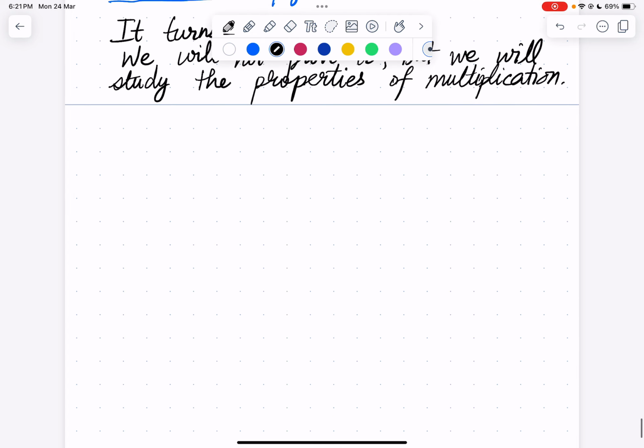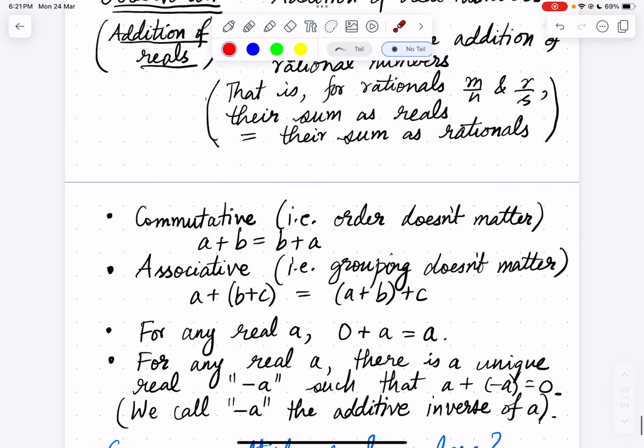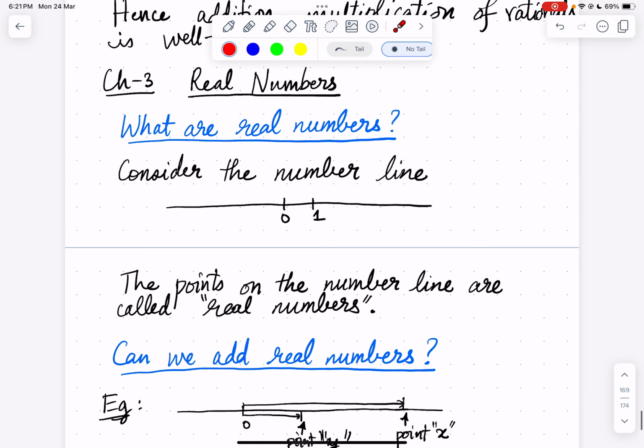So here is a theorem. I'm calling this a theorem because it's somewhat non-trivial, but we will not prove it. Multiplication of reals. So how do we multiply any 2 points? You can pause and think. You're given this number line and given any 2 points on the number line, then they may not be rational.